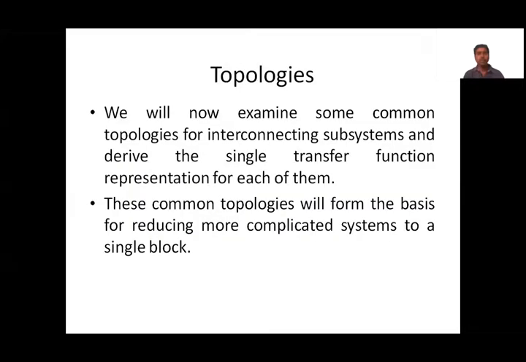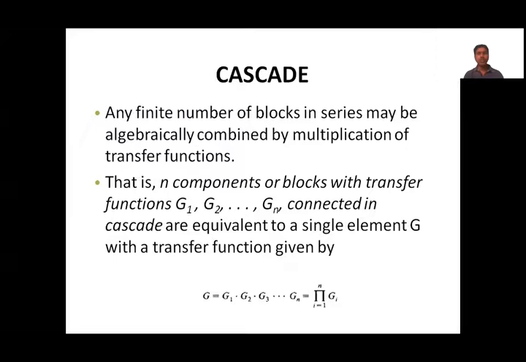Now let us see the topologies, in how many ways we can represent the block diagram of a given system. In general, we will have a number of subsystems in a system.